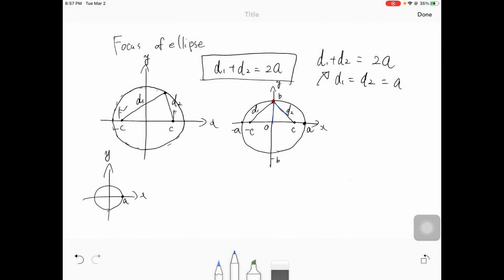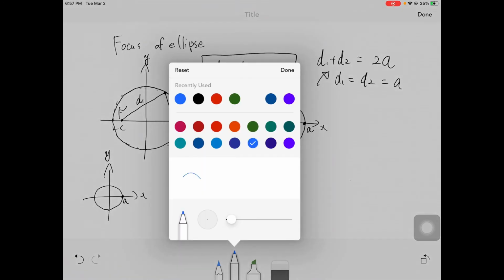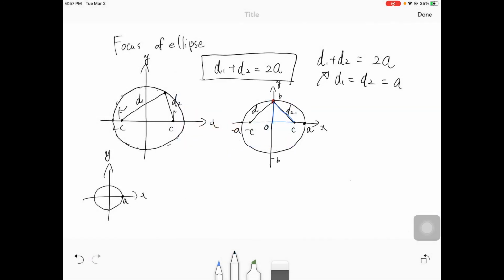And let's focus on this triangle. Like I said, d2 has to be a, and the value of this length is b, and the value of this length is c. So you can use the Pythagorean theorem, which is a squared is going to be b squared plus c squared. So you can find a new equation. If you use this equation, you can find the value of c.